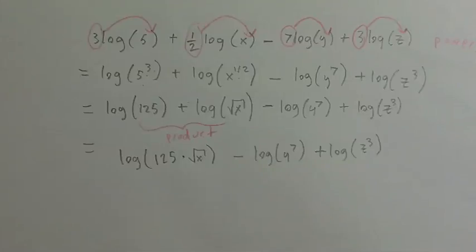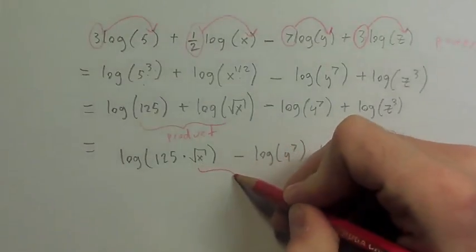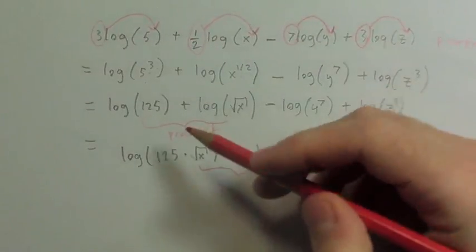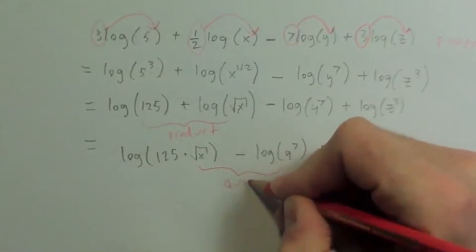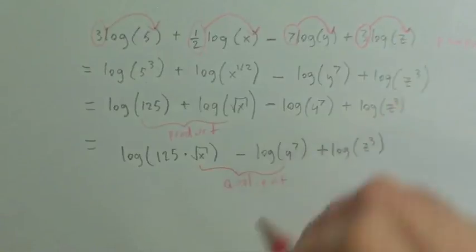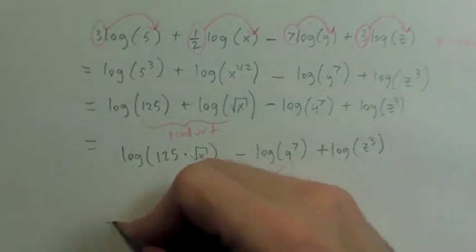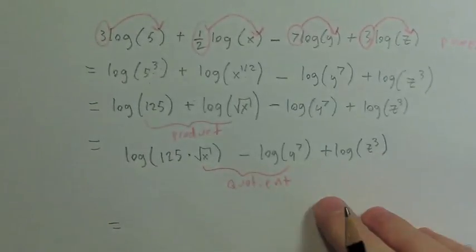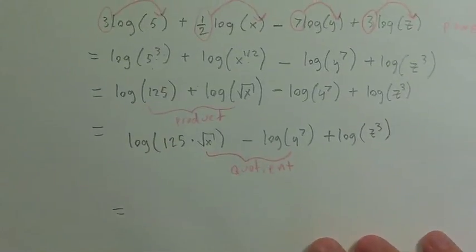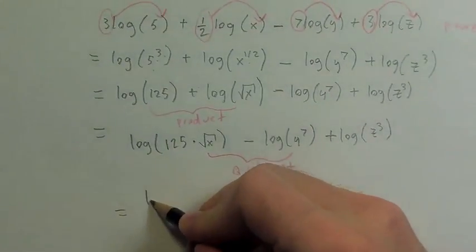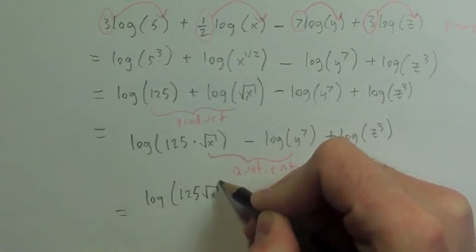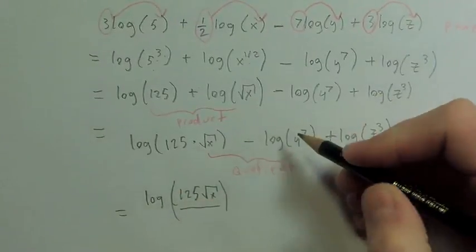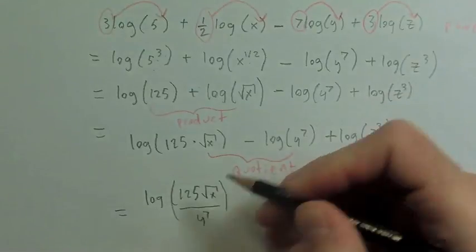But now this, I have a minus, right? So now I'm going to use my quotient property, which says that if I have a minus, it's going to be log of the top over the bottom.